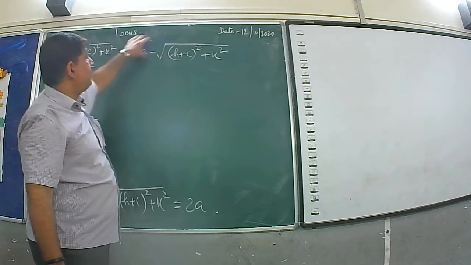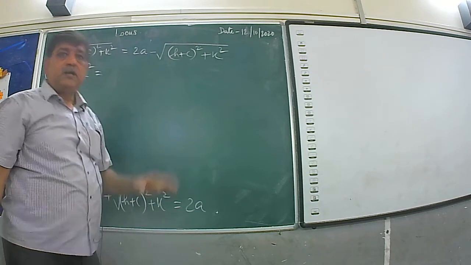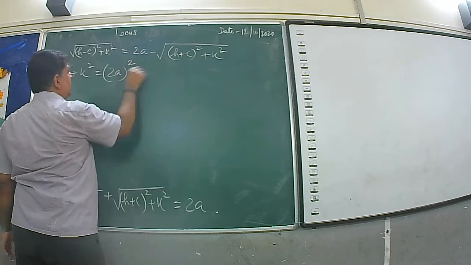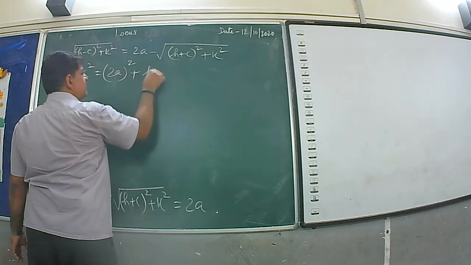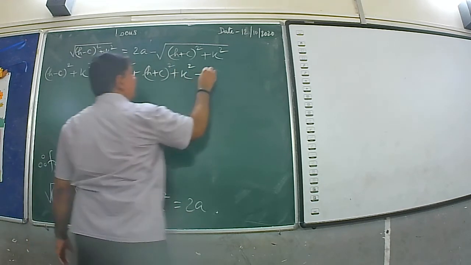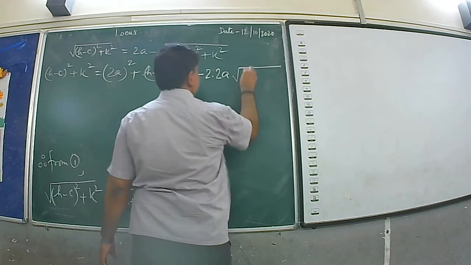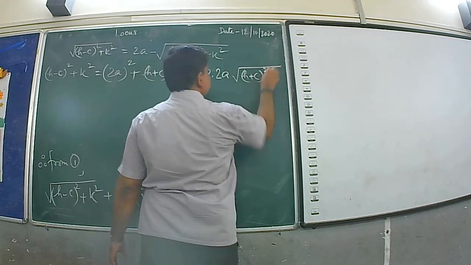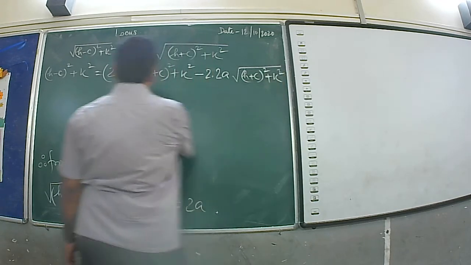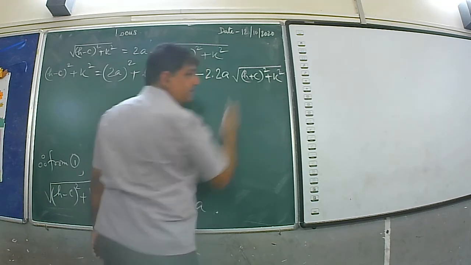It is of the form a minus b, so you have to write it as a square minus 2ab plus b square. So what happens? (2a) whole square plus (h plus c) whole square plus k square, and then minus 2 into 2a into root over (h plus c) whole square plus k square. As you can see here, it is of the form a square plus b square minus 2ab.